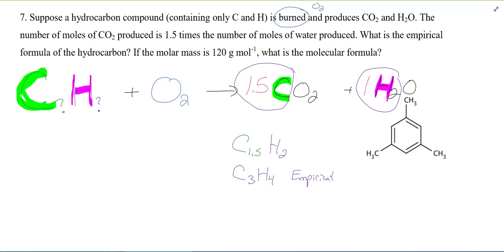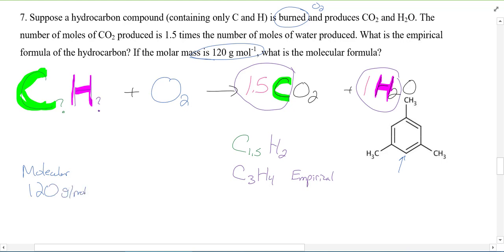So we got basically a reaction, kind of, because we can't balance it. We got the mole ratio of C and the H from both sides of the arrow. We got the empirical formula because we made whole numbers. Now we got to do the molecular mass. So we know the molar mass is 120. So the molecular formula is 120 grams per mole.